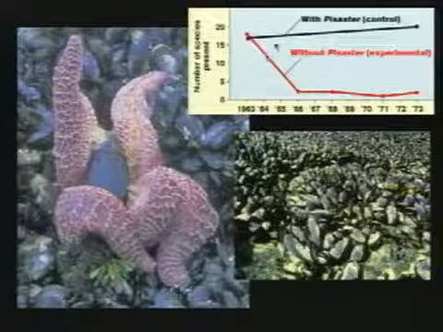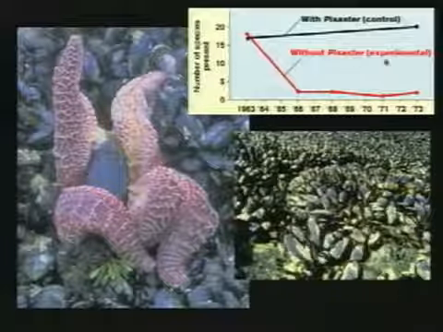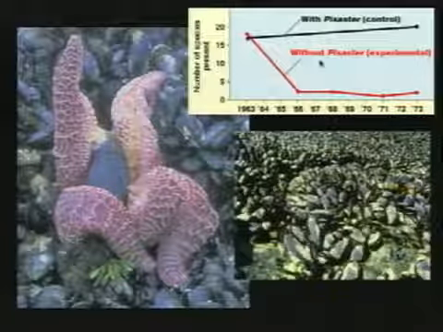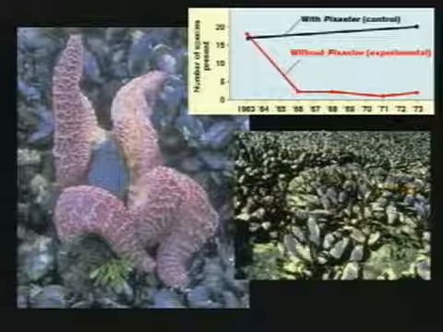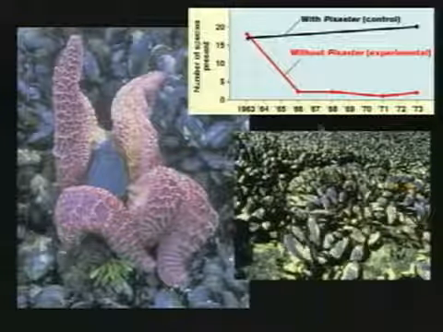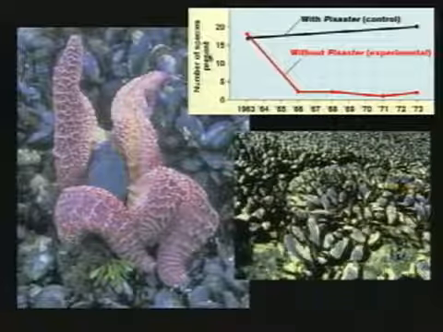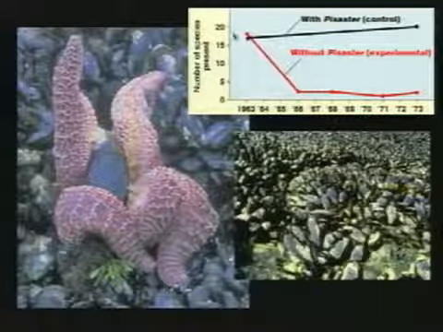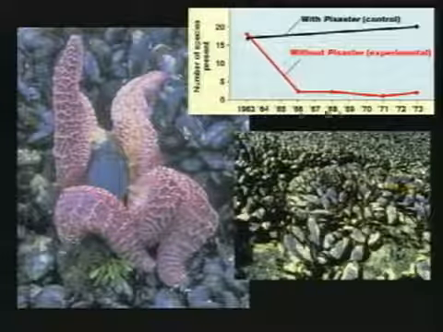Look what happens in systems where you remove Pisaster. In an experimental system where you go in and you set up a boundary, a fence, a screen or something, and you remove Pisaster. What happens to the total number of species present, species richness, when you remove it? It plummets. Here's a study that was conducted over 10 years.